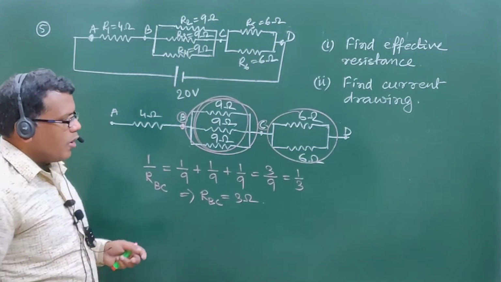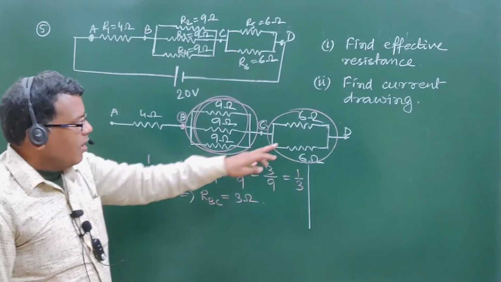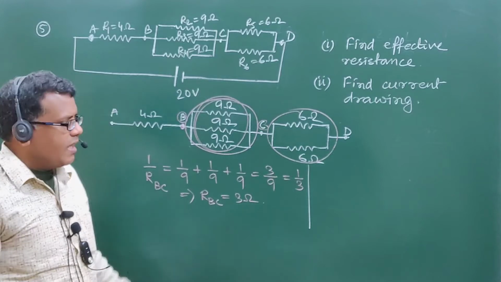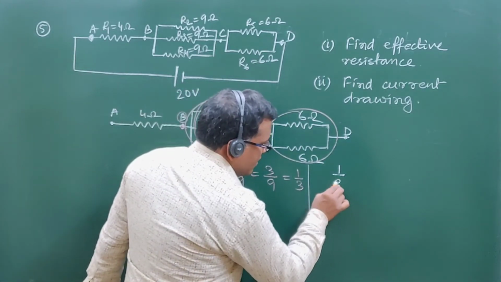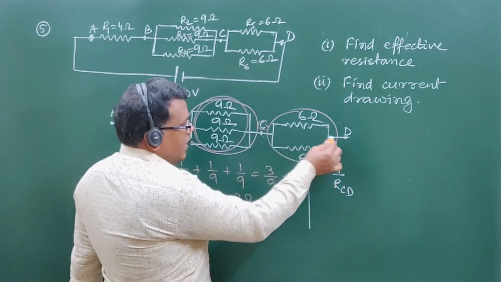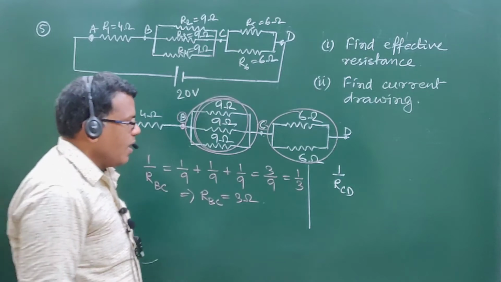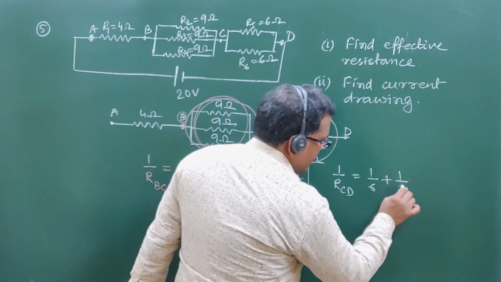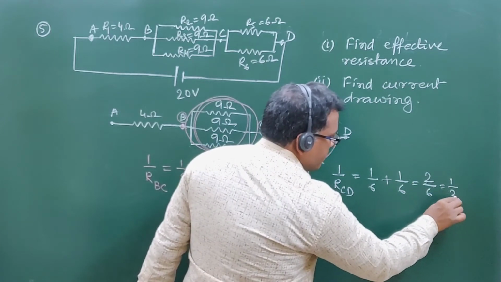Once we get the value of RBC, similarly we can reduce the two resistors between C and D, which are also parallel. Assuming the effective resistance between C and D as RCD, 1 by RCD is equal to 1 by 6 plus 1 by 6, that means 2 by 6, that is 1 by 3.